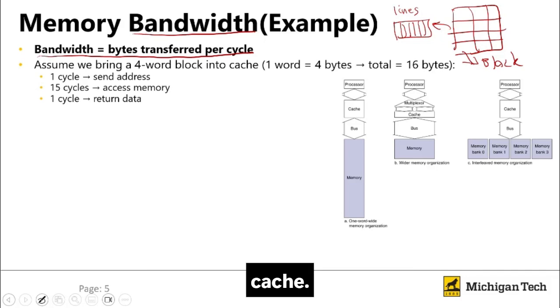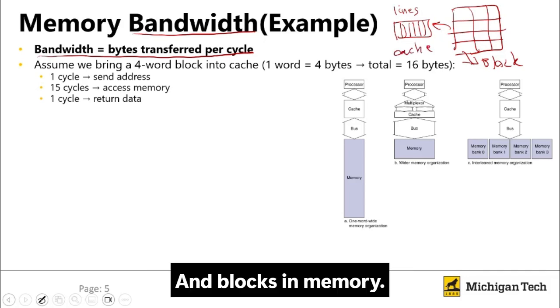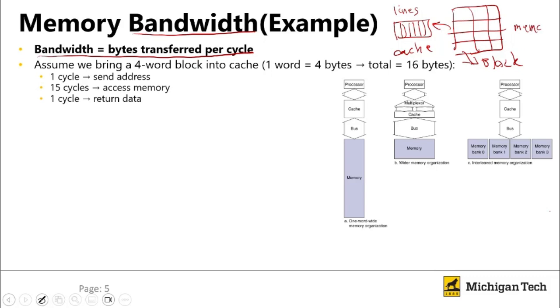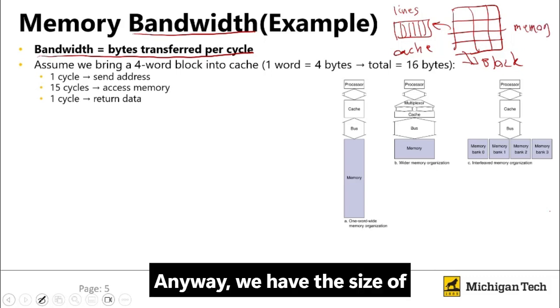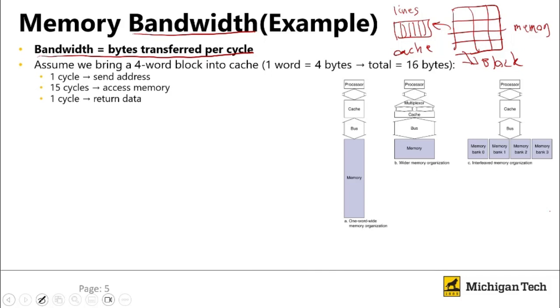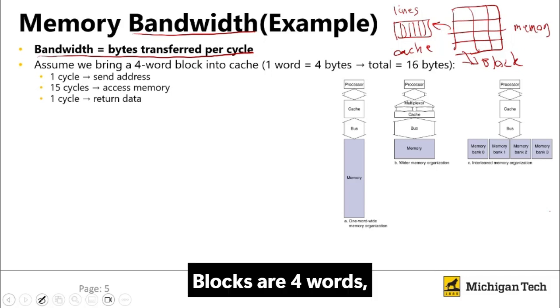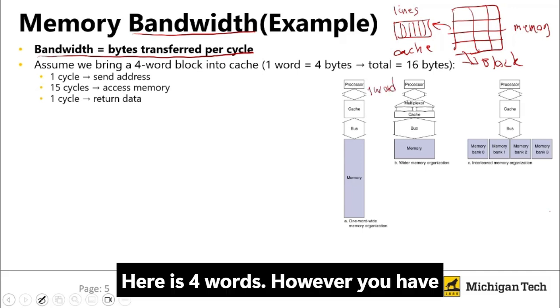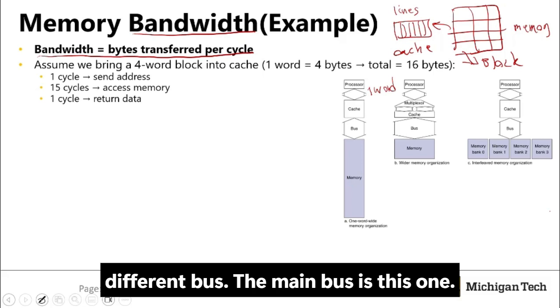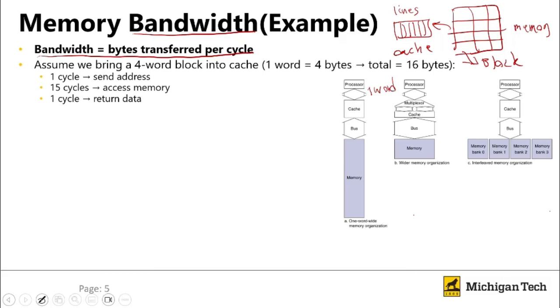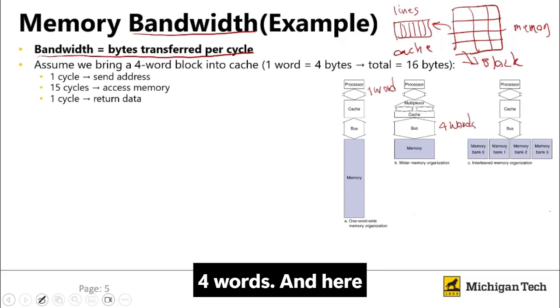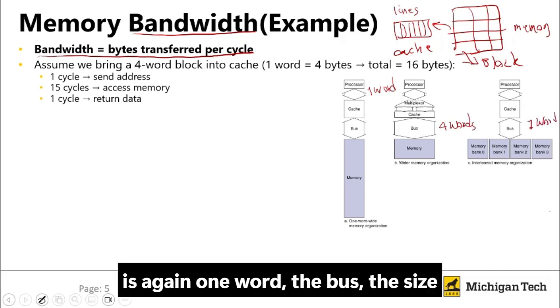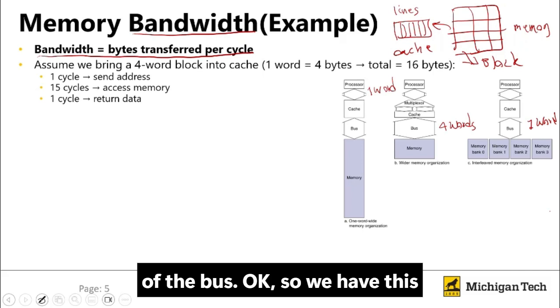Lines in the cache and blocks in memory. Anyway, the size of these blocks is 4 words. But the bus is 1 word here. Here it is 4 words. However, we have different buses. The main bus is this one, 4 words. And here is again 1 word. The size of the bus, okay? So we have this information.